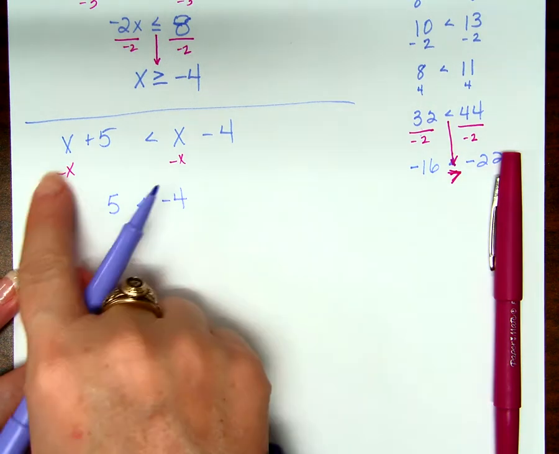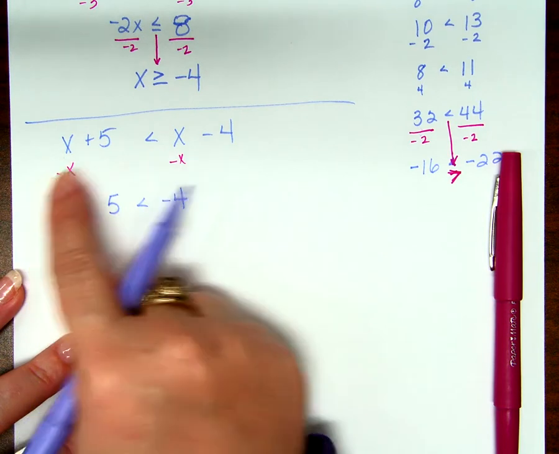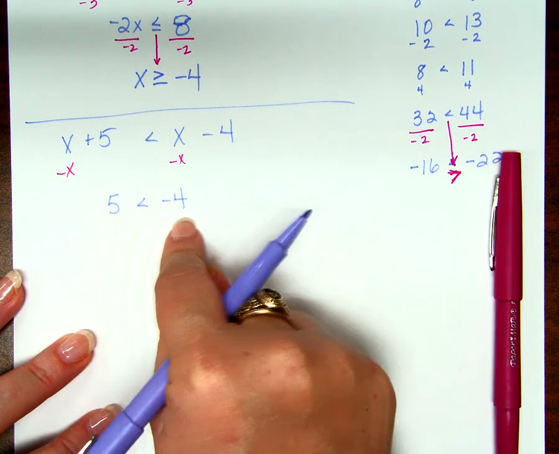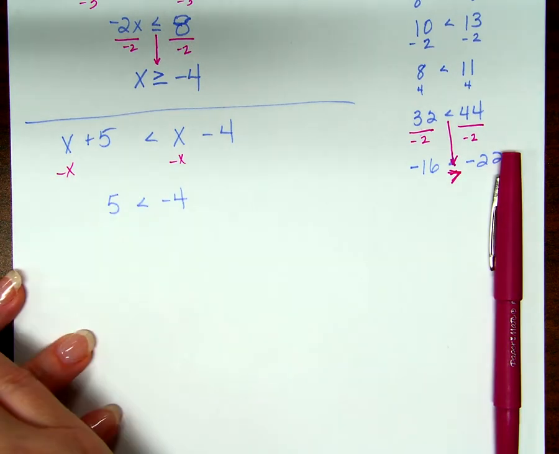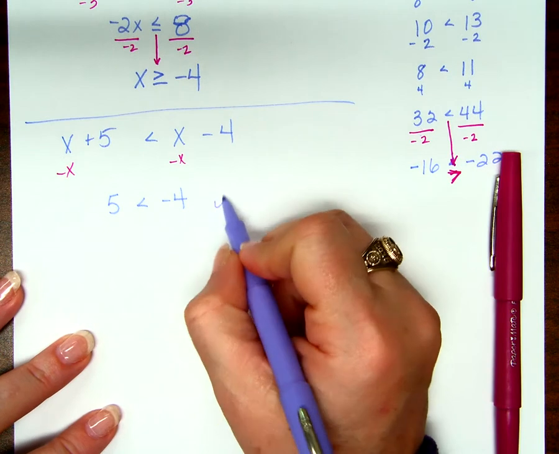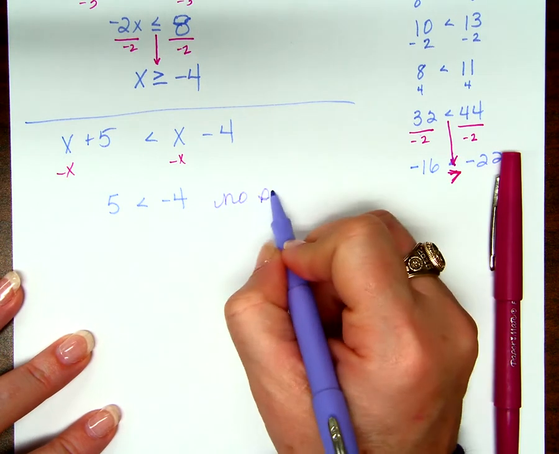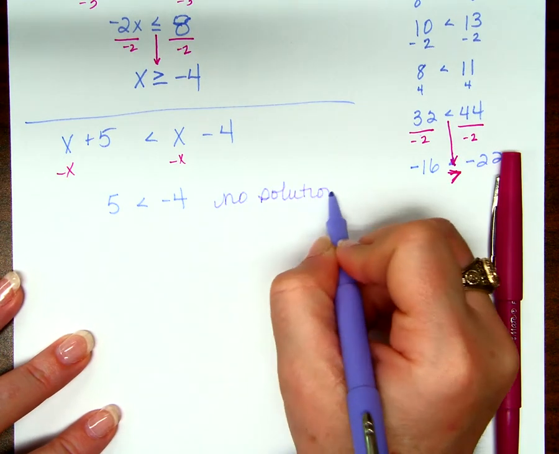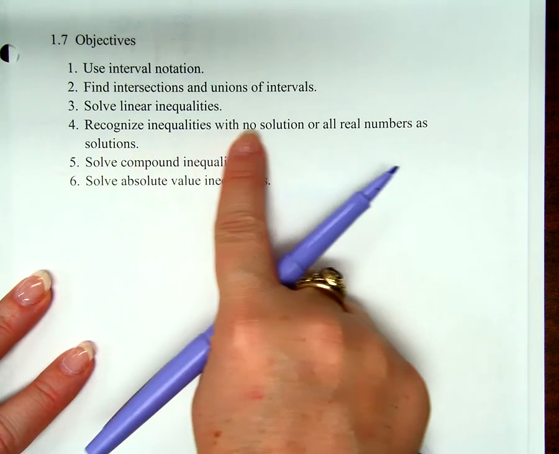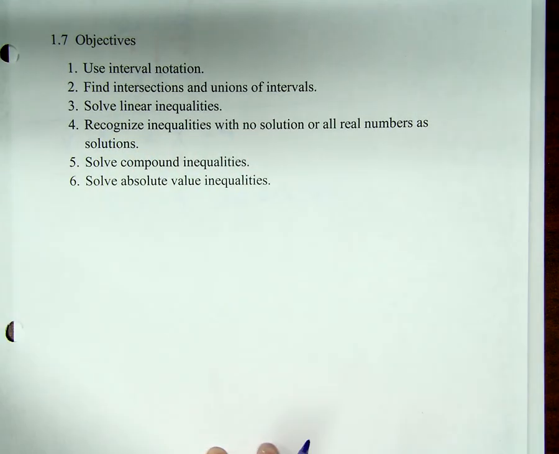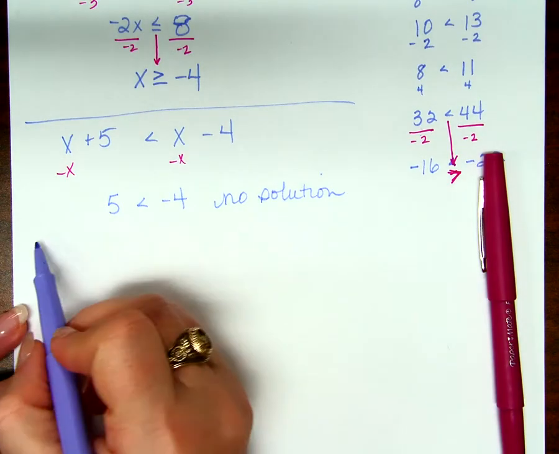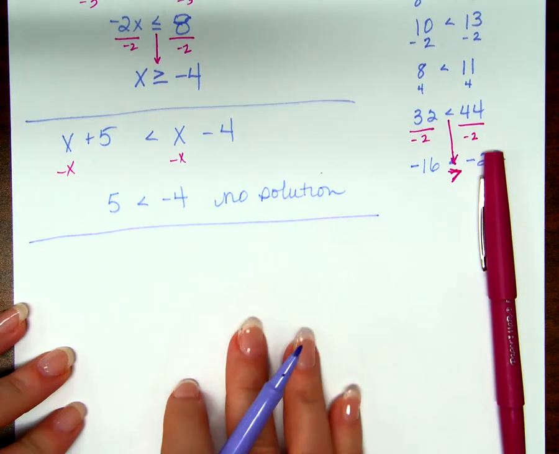No. All I did was try to get rid of this x by subtracting it on both sides. But when I did that, it gave me this statement. Is this a true statement? No. Then it doesn't matter what value of x I put in. Nothing will ever work. That's no solution. That's this next objective: recognize inequalities with no solution or all real numbers as solutions. Okay? That's one of the examples of no solutions.